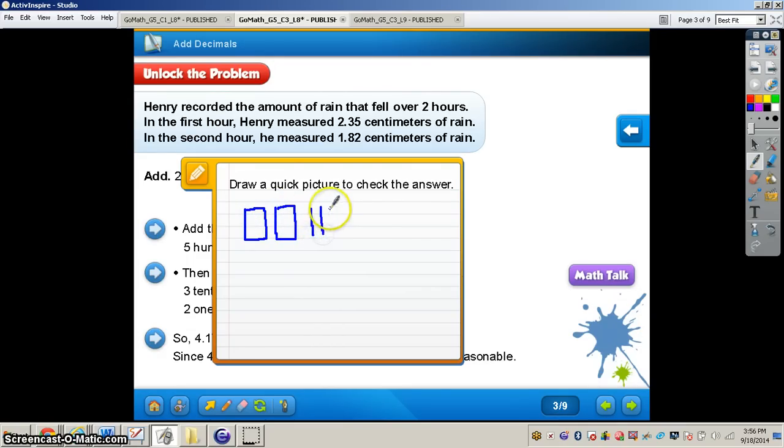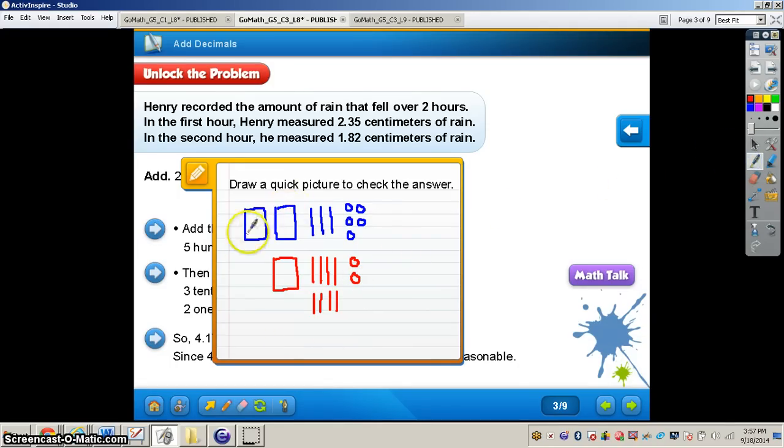I want you to do this with me in your Go Math book. And the 5 circles representing the hundredths. Alright, and the 1 8,200ths, going to have 1 square. This time 8 longs, 2, 3, 4, 5, 6, 7, 8, representing the tenths place, and then 2 circles representing a hundredth.